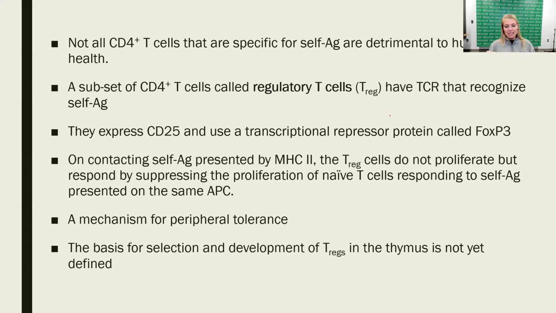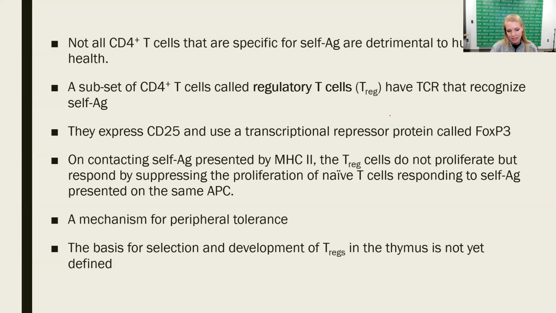They have T cell receptors that recognize self-antigen, and when they are stimulated, they will shut down the immune response. So rather than inducing a cell to die, they will produce cytokines that calm the immune response to prevent a self-reactive response.